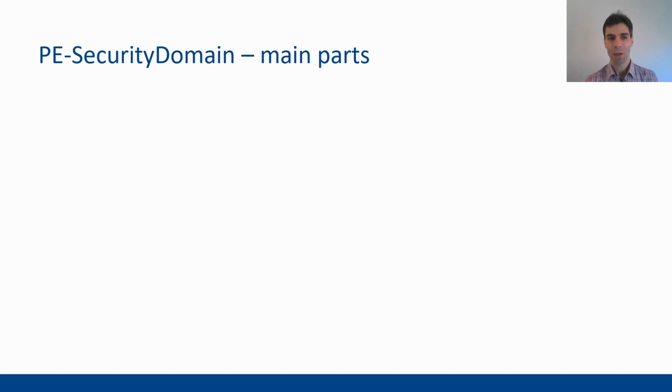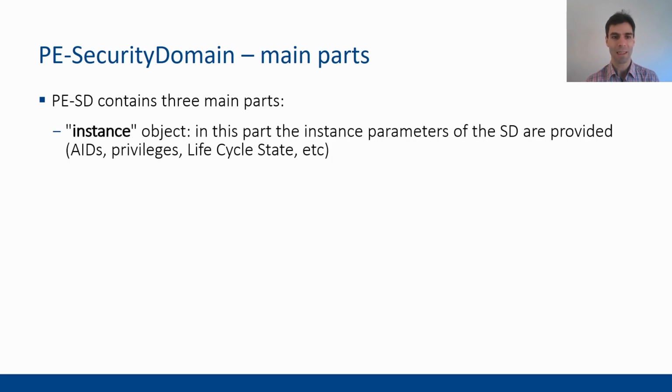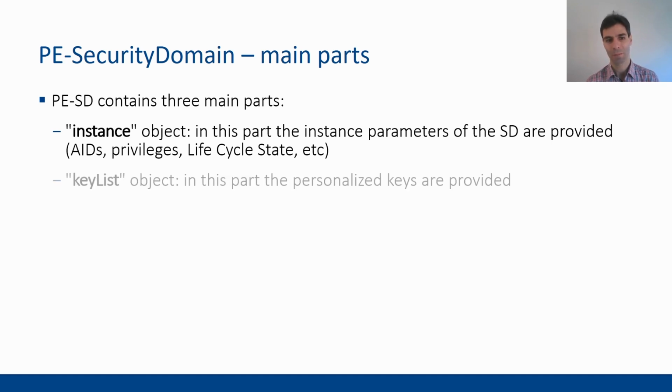Look at the main parts of the PE security domain. There are three main parts. The instance object. In this part, the instance parameters of the security domain are provided. For example, AIDs, privileges, lifecycle state. The next one is the key list object.